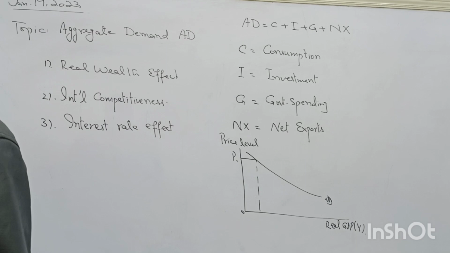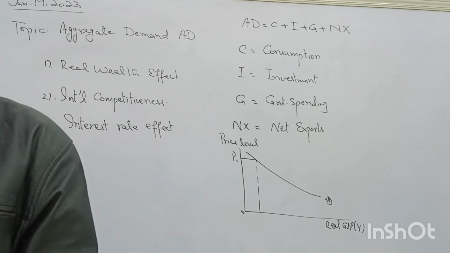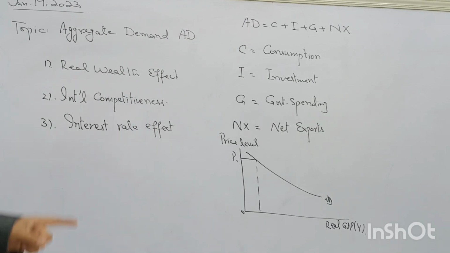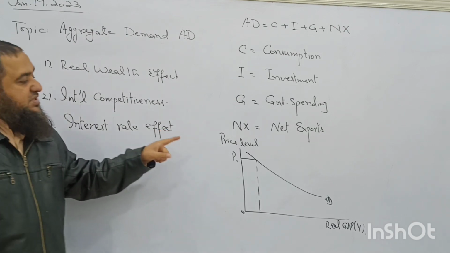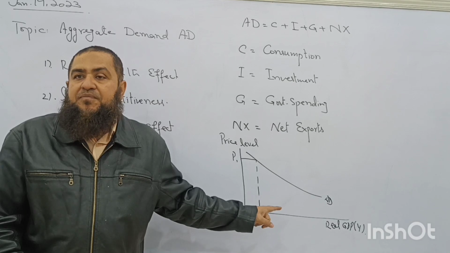As loans have become expensive, people will not buy as many goods as before. Now they will demand fewer goods. So because of these three reasons, we see why the aggregate demand curve is downward sloping.